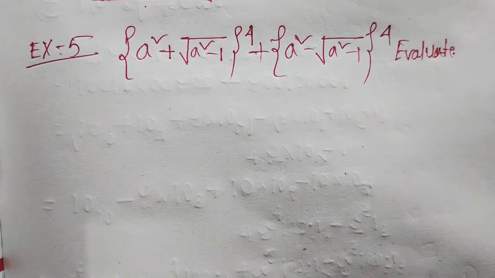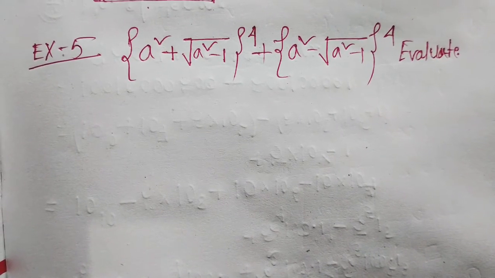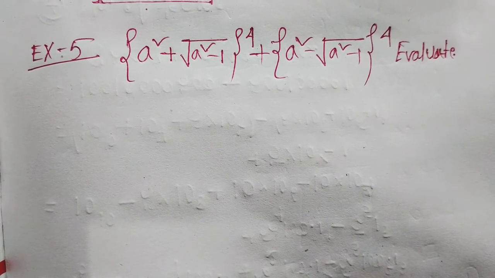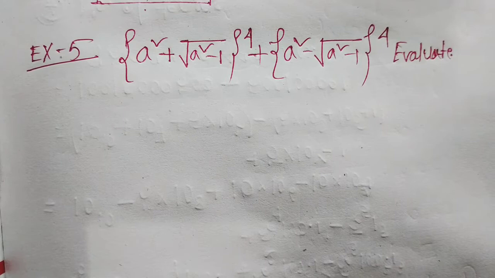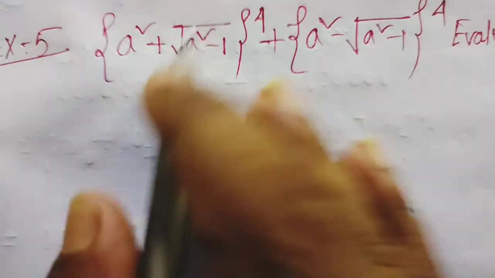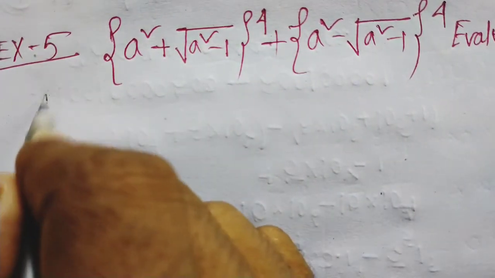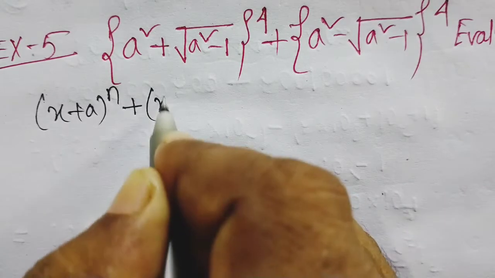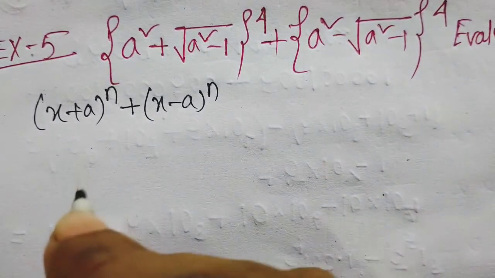Now try to solve the next question, question number 5. (a square plus under root a square minus 1) whole to the power 4 plus (a square minus under root a square minus 1) whole to the power 4. Evaluate the value. So here the given function looks like (x plus a) whole to the power n plus (x minus a) whole to the power n.